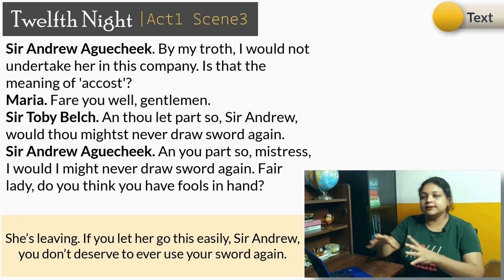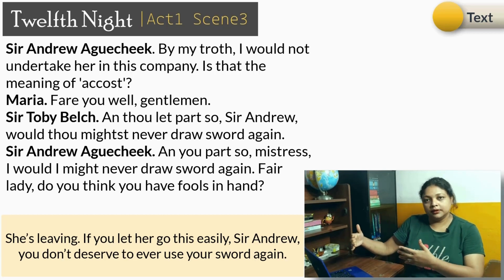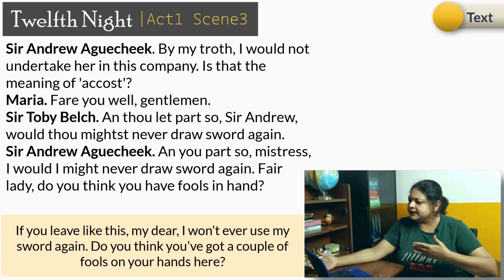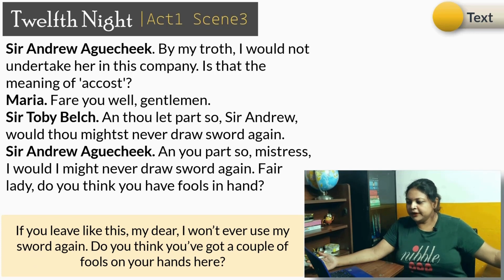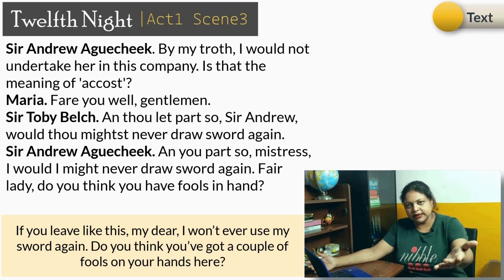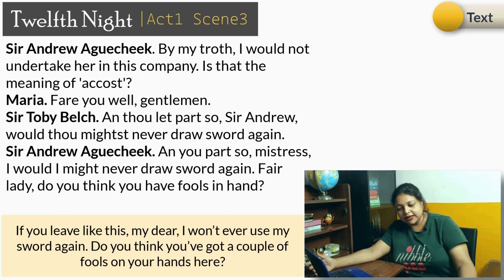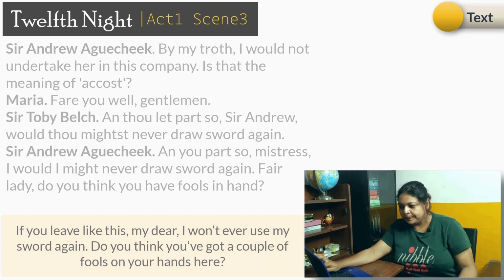So he says those words in a repetitive way. And you part so, mistress, I might never draw sword again. Fair lady, do you think you have fools in hand? Now he is trying to have a conversation with Maria. That, do you think I'm a fool? So he's asking, do you think you have fools in hand?